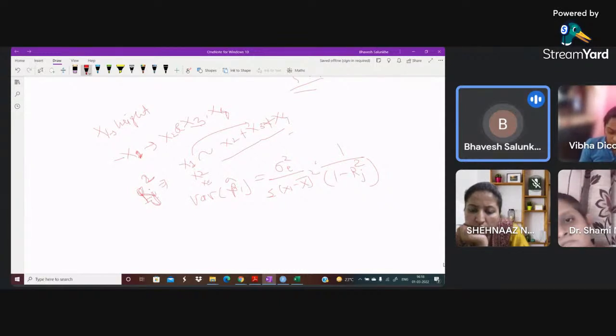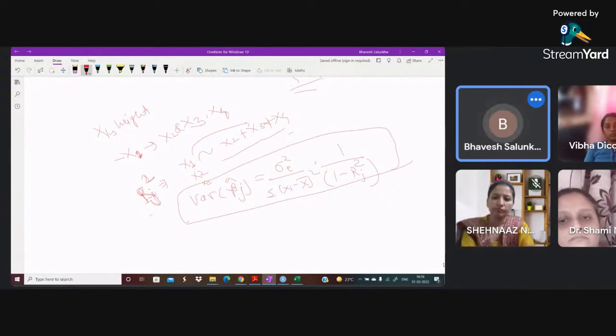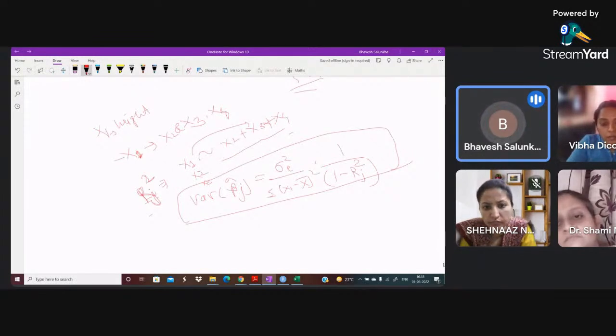So this is the variance of beta hat j, for the jth variable. It gives you this variance formula in the case of more than 2 independent variables in the model. So this is how we calculate the variance of beta hat j, and this is now the variance inflation factor.